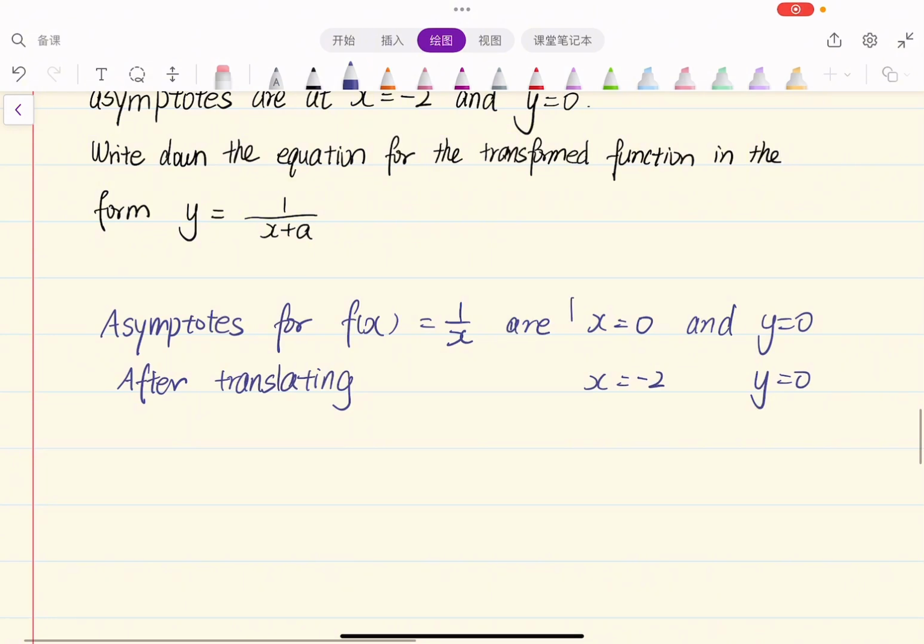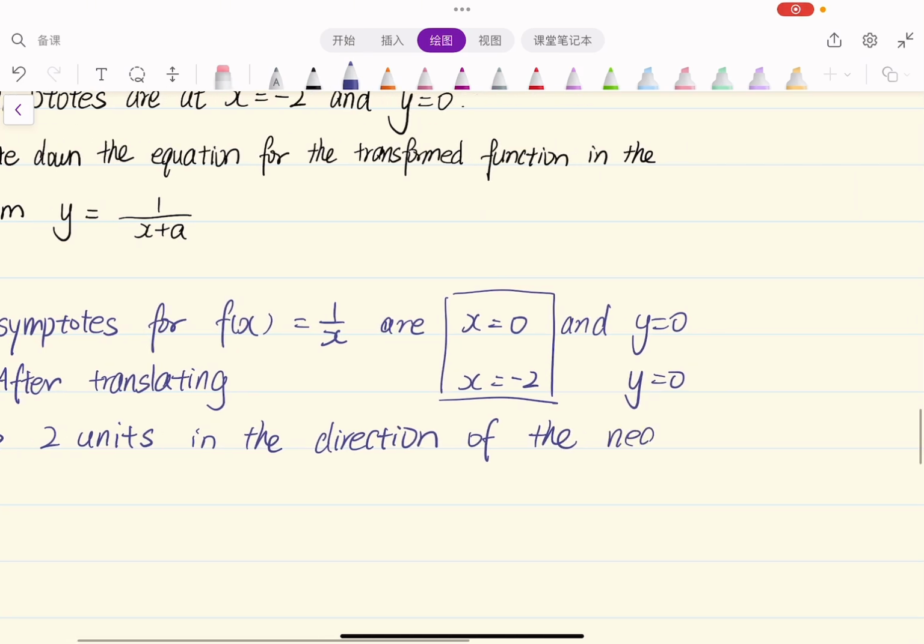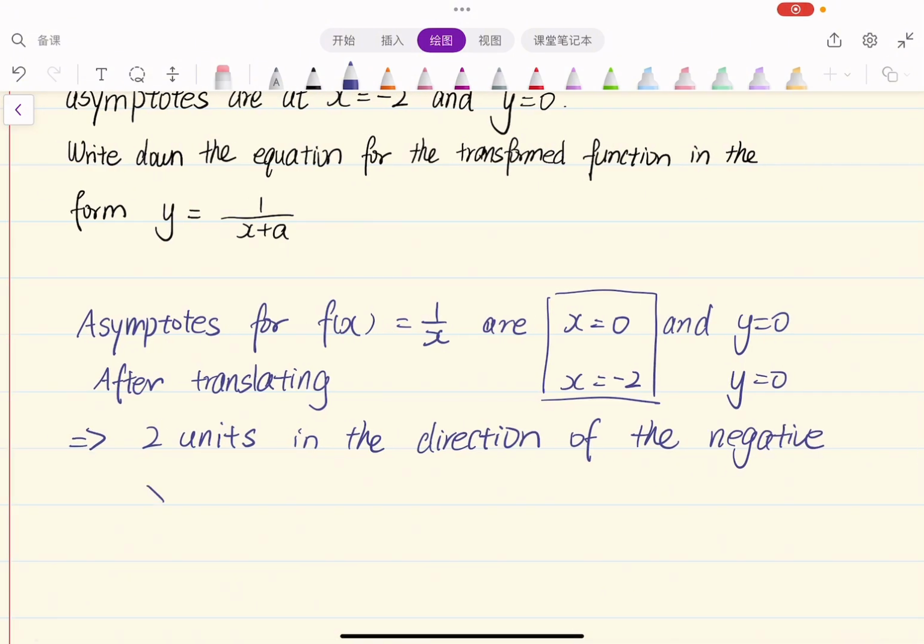So the only change is over here, which means the curve moved 2 units in the direction of the negative x-axis.